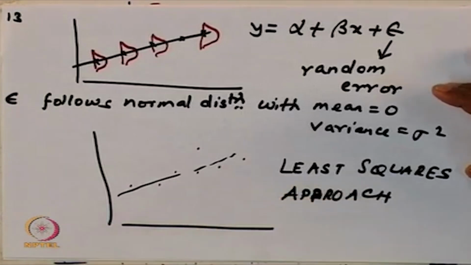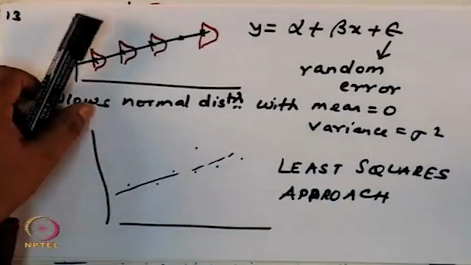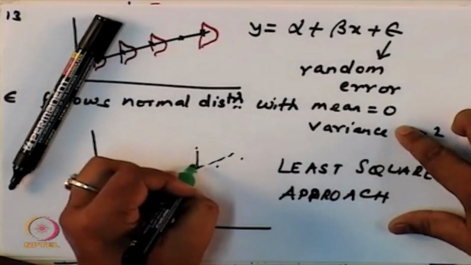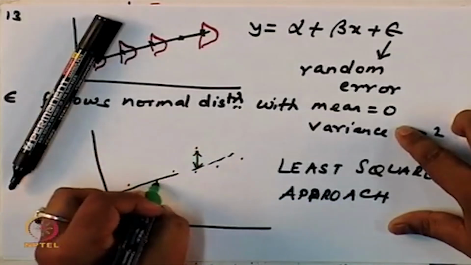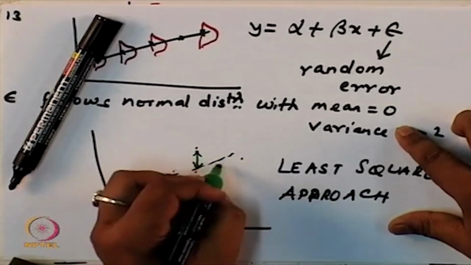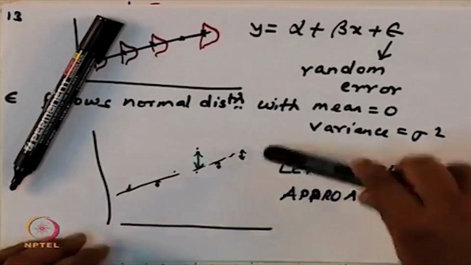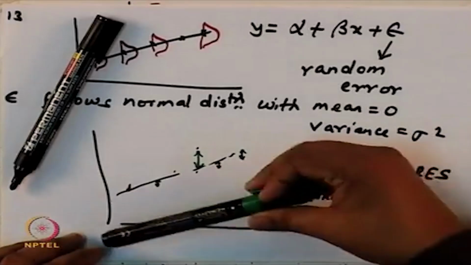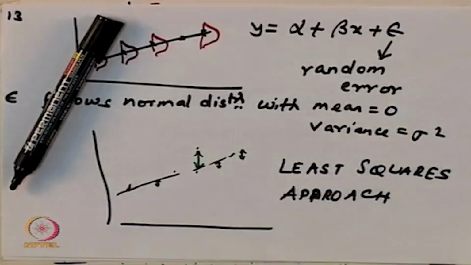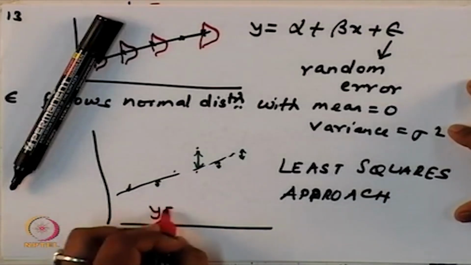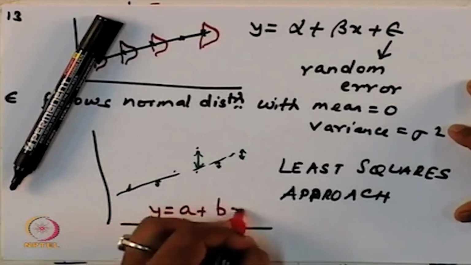What the least squares approach does is it essentially minimizes these errors on both sides of this line, or rather the square of these errors, thereby finding some estimate of alpha and beta, and this least square line is written as y is equal to a plus bx.